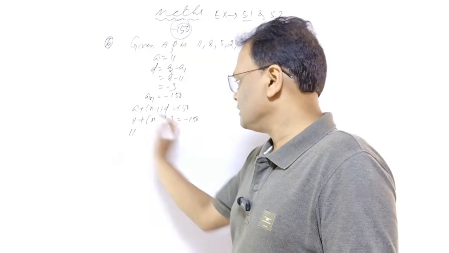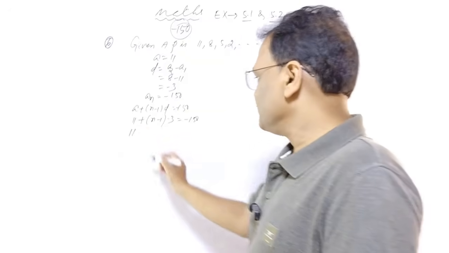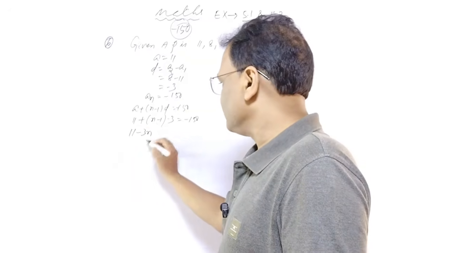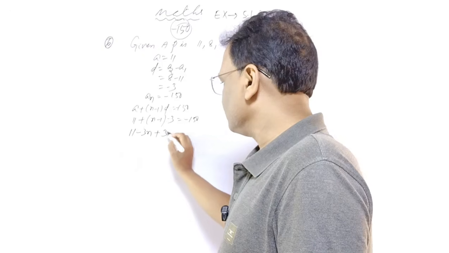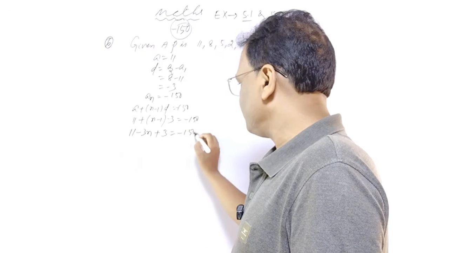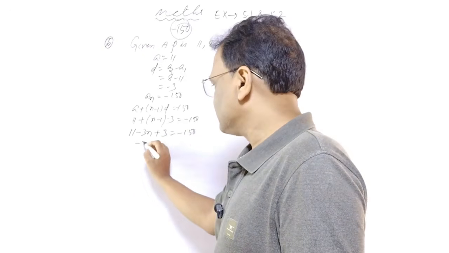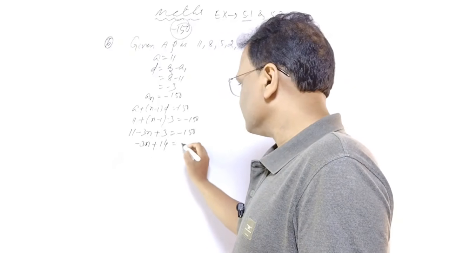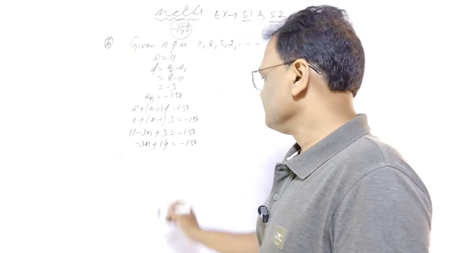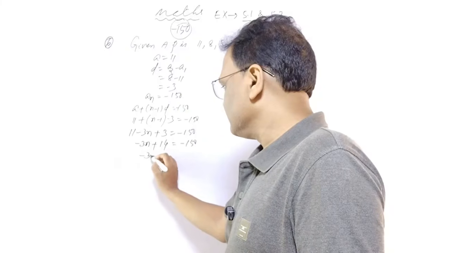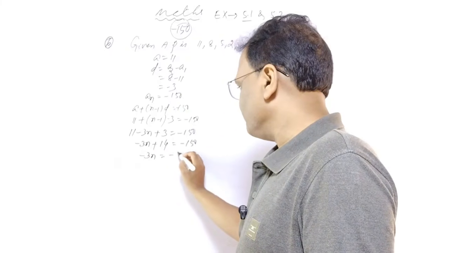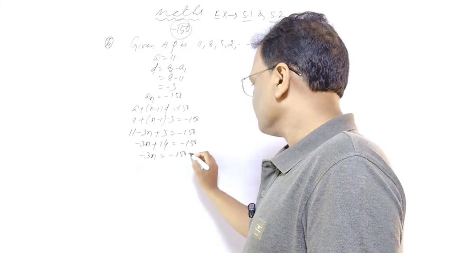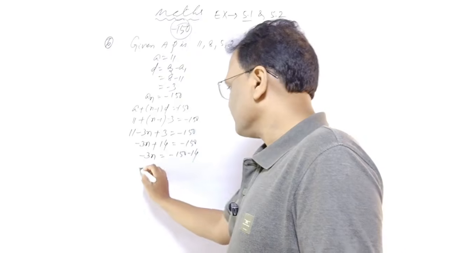Then 11, just multiply: minus 3 into n, minus 3n plus 3, is equal to minus 150. Or minus 3n plus 14 is equal to minus 150. Or minus 3n is equal to minus 150 minus 14.